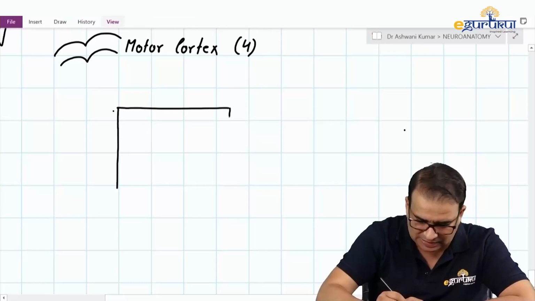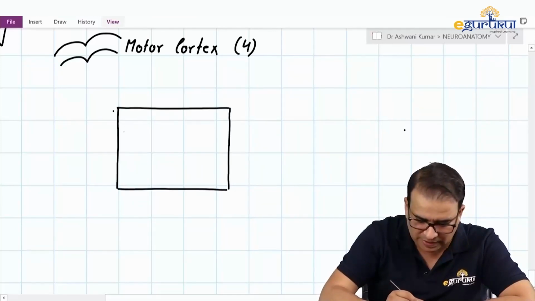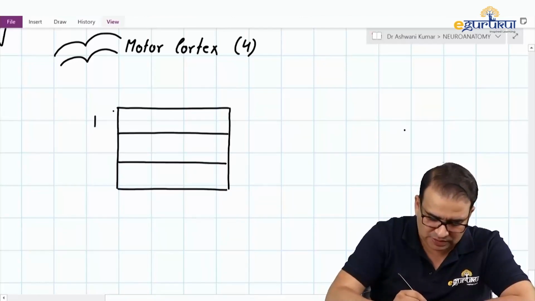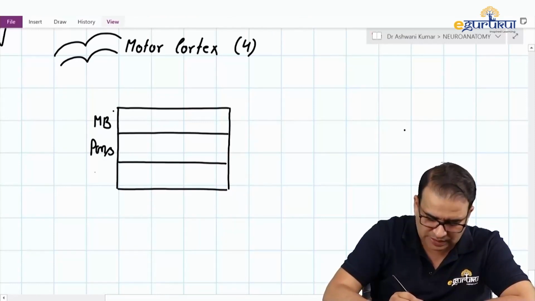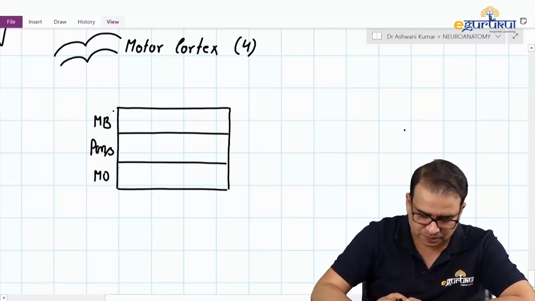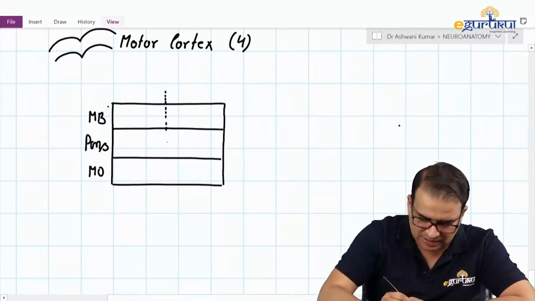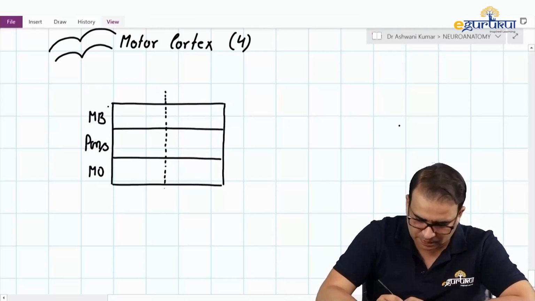Very schematically, if this box represents the brainstem, we have three parts here: midbrain, pons, and medulla oblongata. If this here is the midbrain, we have the pons, and that is the medulla oblongata. I would again want to draw this midline passing through the brainstem and extend it downward all the way to the spinal cord.